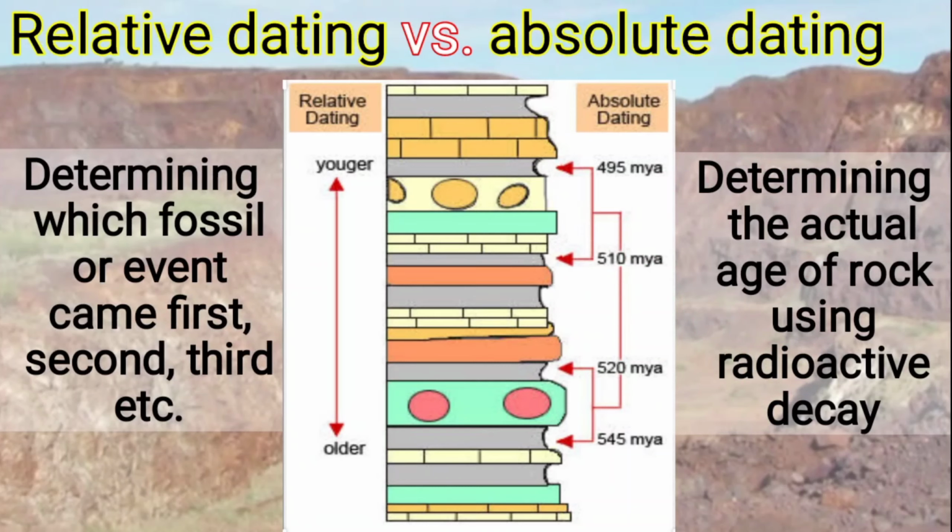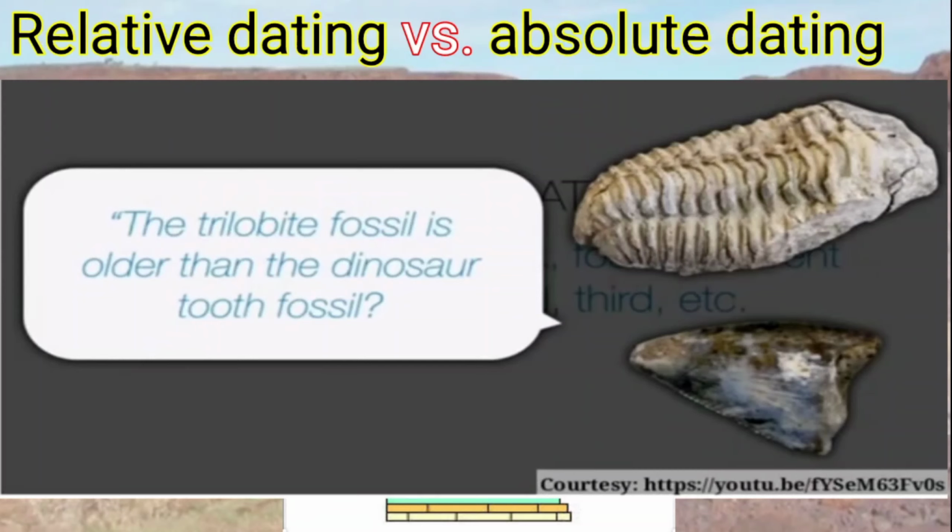I have here an example and I want you to comment in the comment box your answers. The trilobite fossil is older than the dinosaur tooth fossil. This is relative dating, in the sense that we are talking about which is older, and the answer is the trilobite fossil is older than the dinosaur tooth fossil.